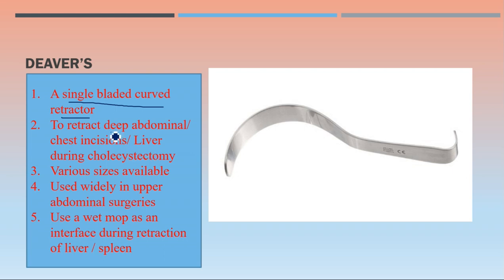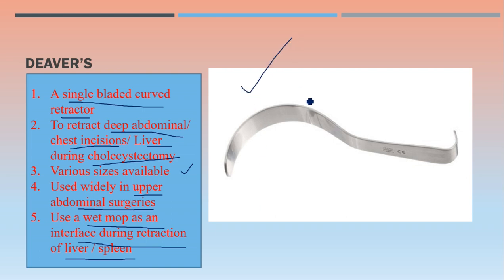This Deaver's retractor is used to retract in deep abdominal surgeries, chest incisions, the liver during cholecystectomy, and various sizes are available and widely used in upper abdominal surgeries. It is advisable to use a wet mop as an interface during retraction of solid organs like liver or spleen whenever we are using Deaver's retractor.